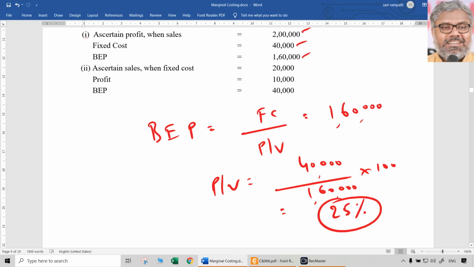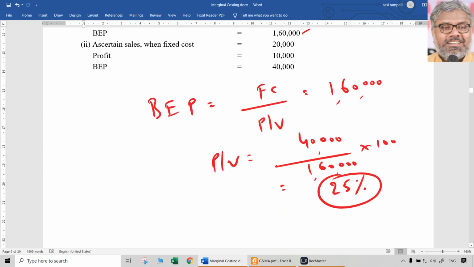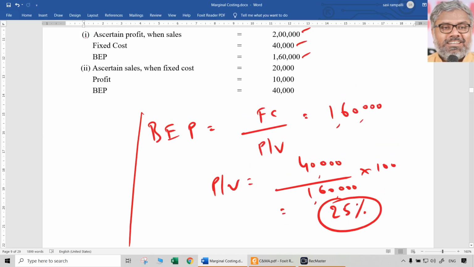When you know PV ratio, straight away you can find out profit. How? Simple. When there are sales of 2 lakhs, multiply with PV ratio 25%, what do we get? Sales into PV ratio, we get contribution.